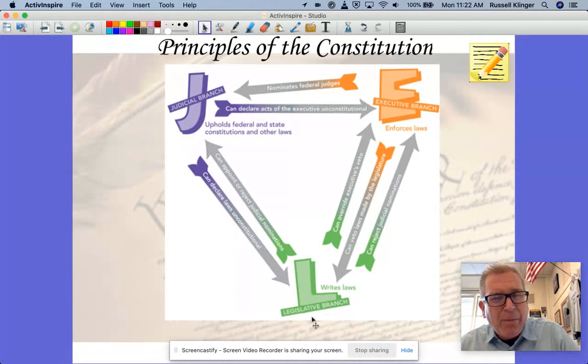Now, they need a little bit of help from the president because the president has to sign those laws. But if the president doesn't sign those laws because they don't like them, they still have a way to override a president who doesn't want to sign and still create a law anyway. That's one of those checks and balances on that system. Okay, so there's lots of things that go into this check and balance system.